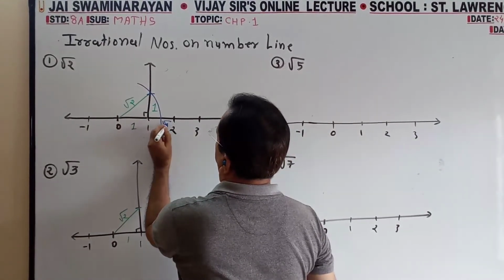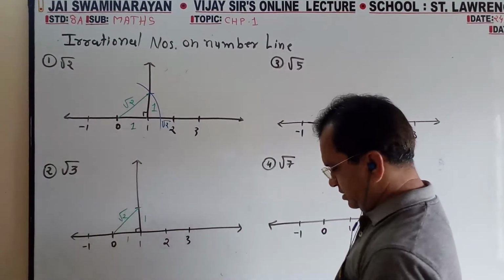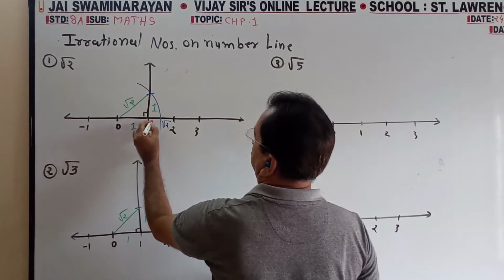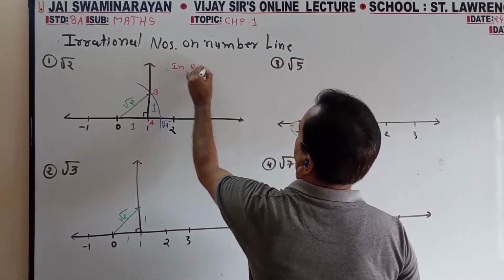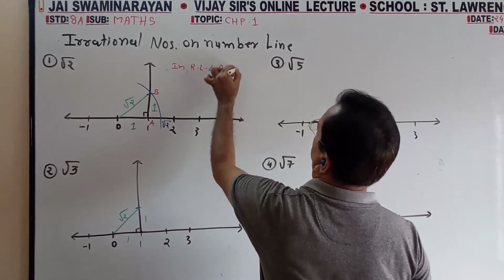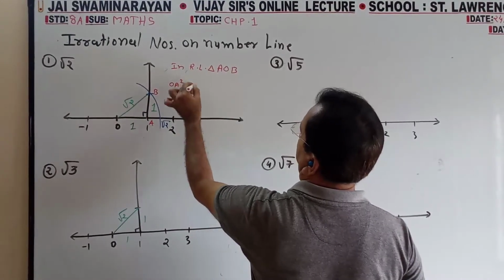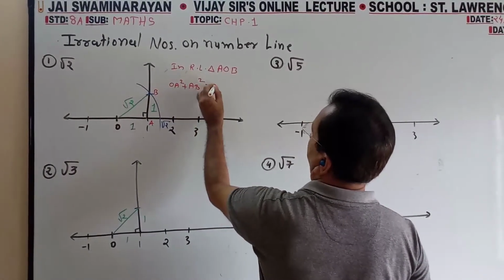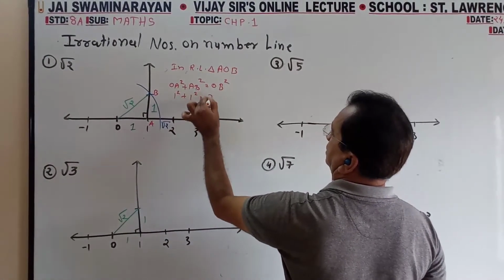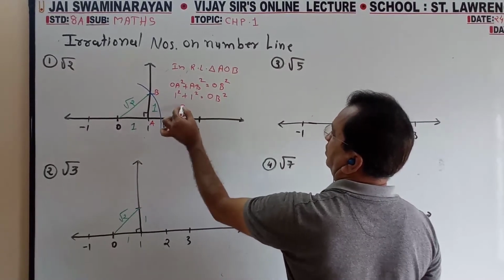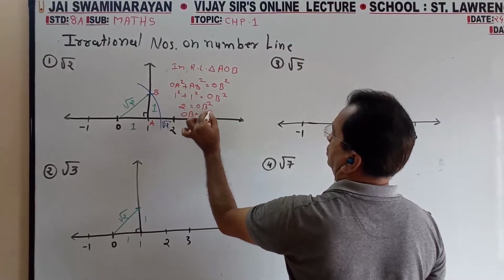So here it is root 2, and this is O, this is A, this is B. In right angle triangle AOB, AO square plus AB square is equal to OB square, Pythagoras. So 1 square plus 1 square, 1 plus 1, 2 is equal to OB square. So OB is equal to root 2.